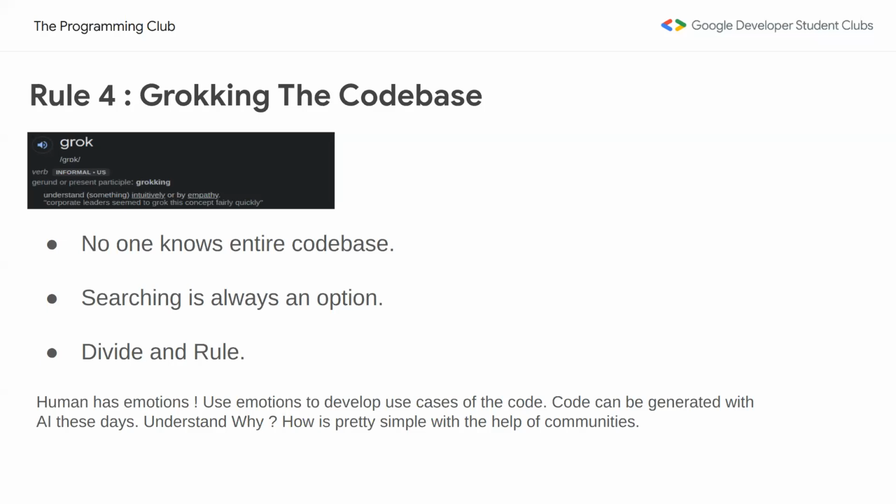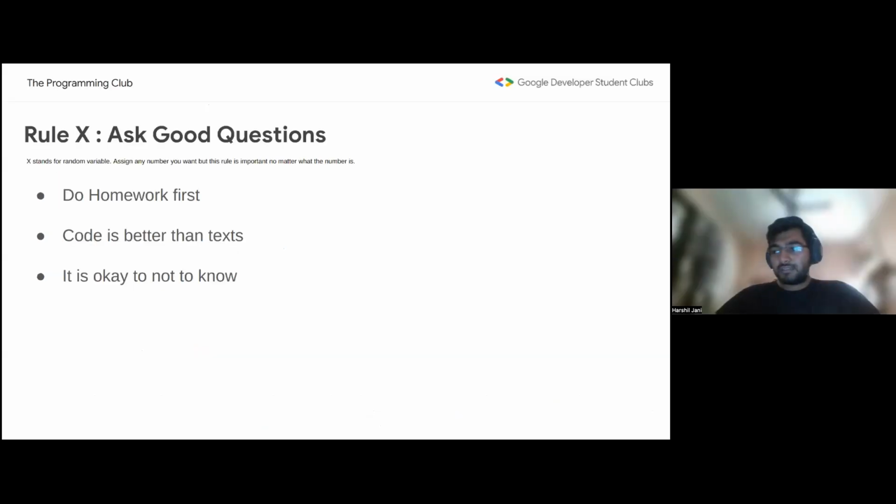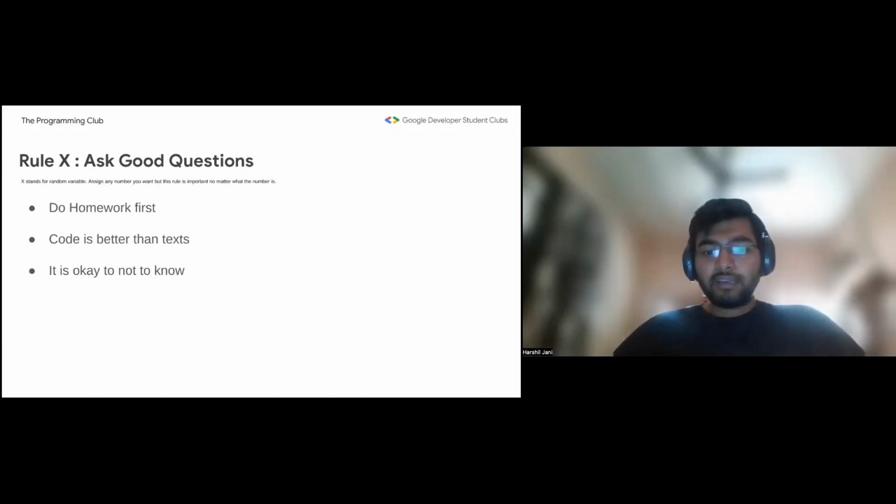So this should not be the case while dealing with development projects. Another rule which is really important is asking good questions. If you go to any IRC of open source projects and just ask randomly, "Hi, I am this, and I want to contribute to this project. How should I get started?" no one really knows what you know.